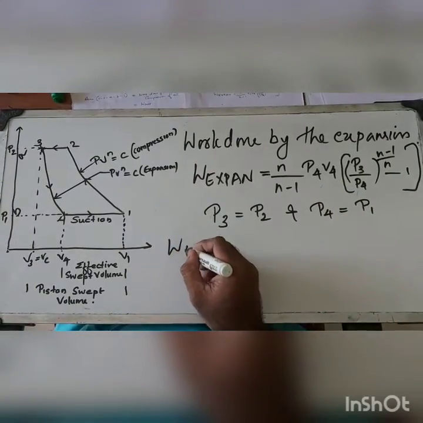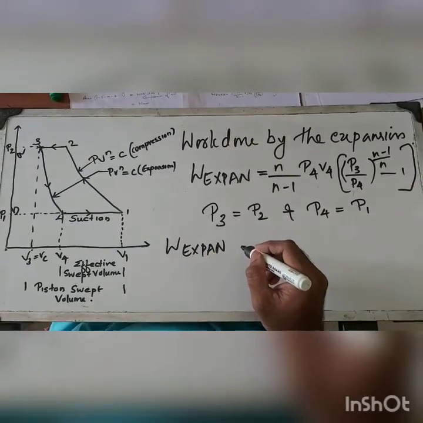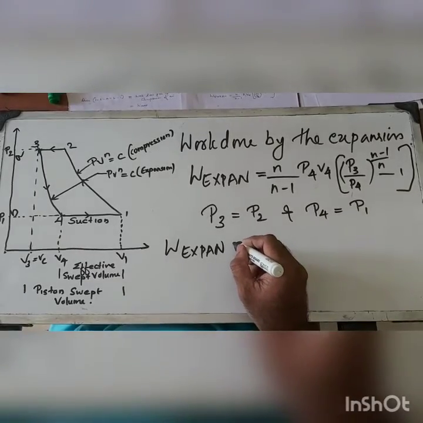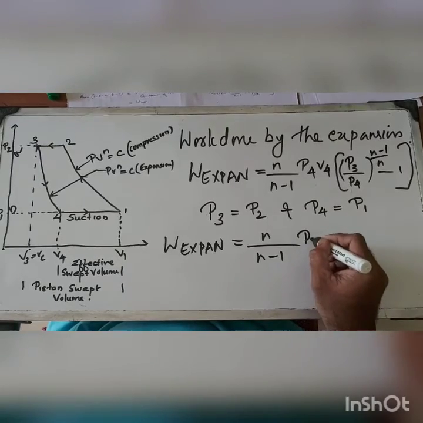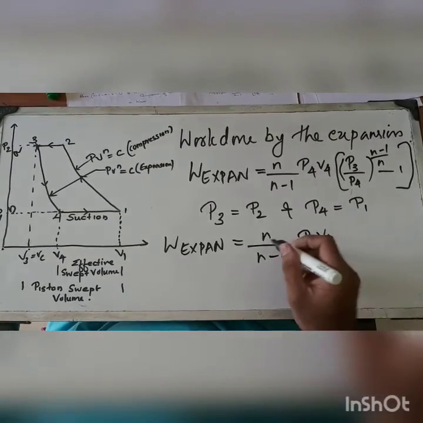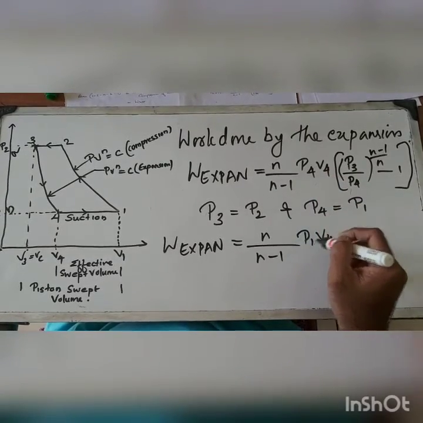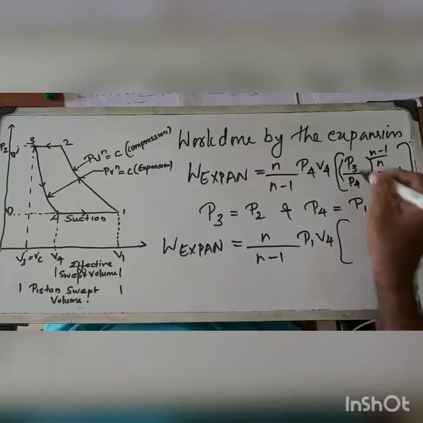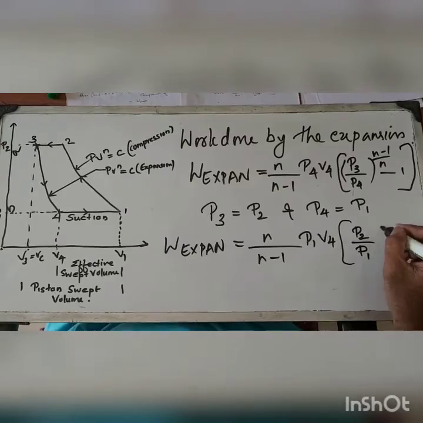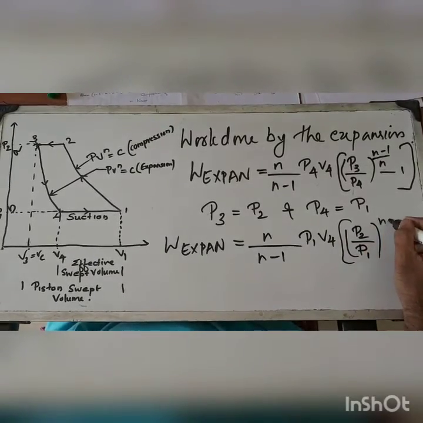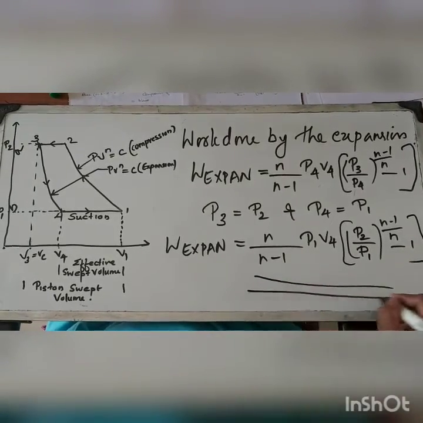So work of expansion becomes n by n minus 1 P1 V4; instead of P4 we put P1, instead of P3 we put P2, and instead of P4 we put P1, all raised to (n minus 1) by n, minus 1, gives work of expansion.